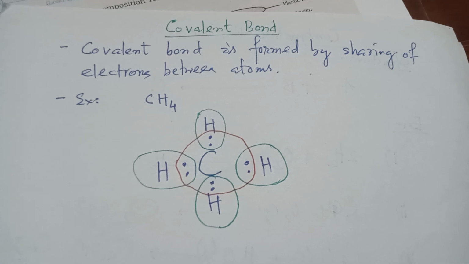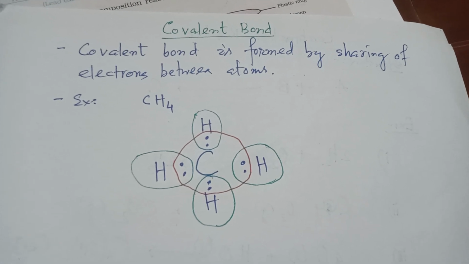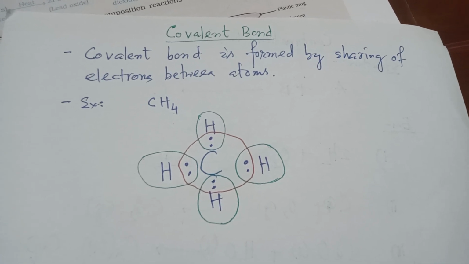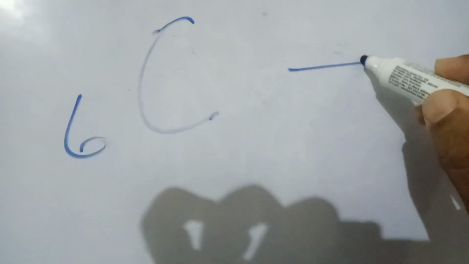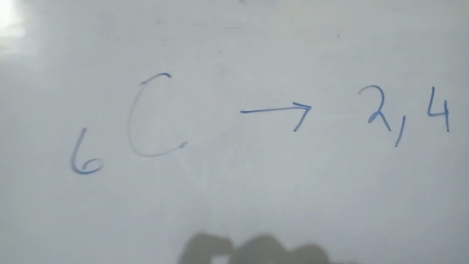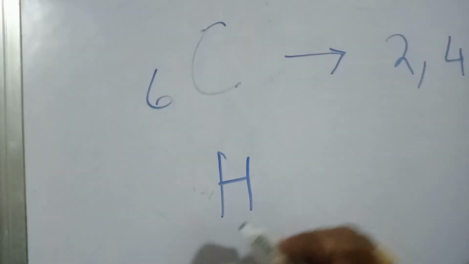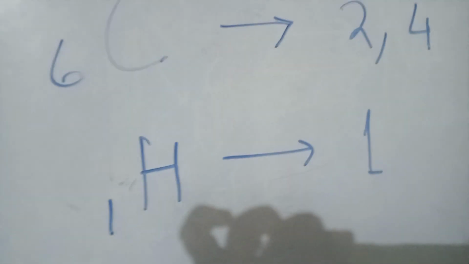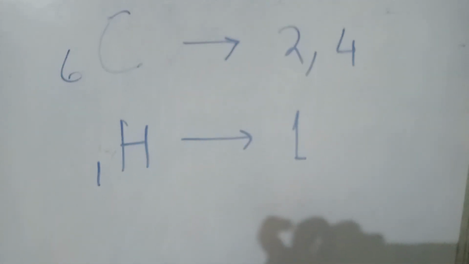Similarly, there is another bond called covalent bond, and covalent bond is formed by sharing of electrons between the atoms. Let us see the example. Carbon is having 6 electrons, so its configuration can be written as 2 and 4. Now hydrogen is having 1 electron, so it is having 1 electron in the first orbit.